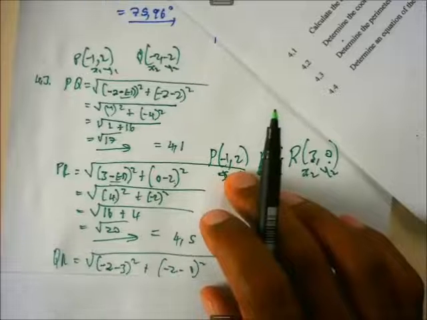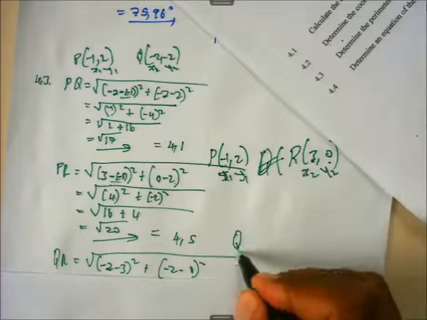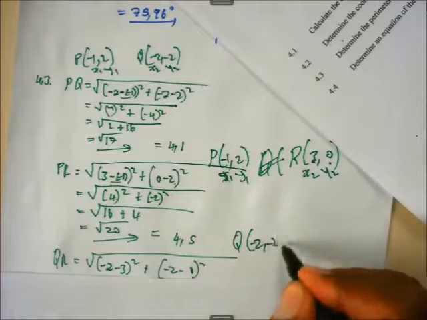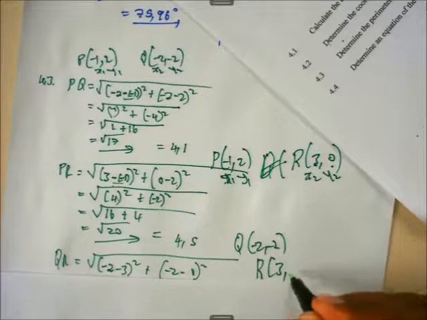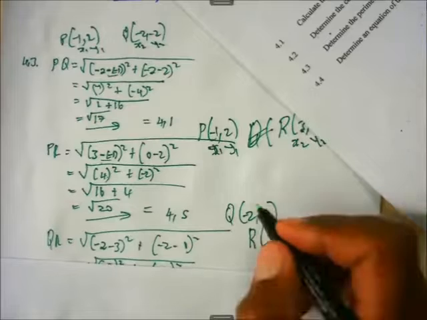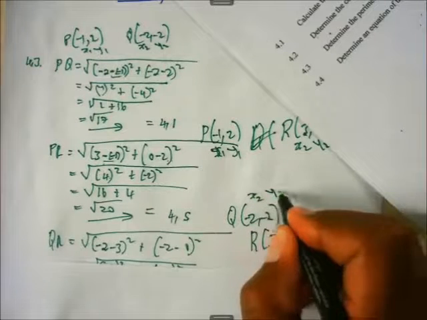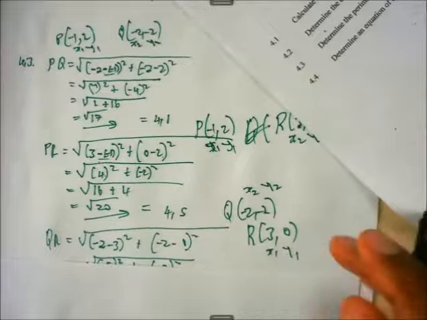Then now we have QR. The coordinates of Q are minus 2 and minus 2, and the coordinates of R are 3 as well as 0. This is x2, this is y2, and this one is x1 and y1.